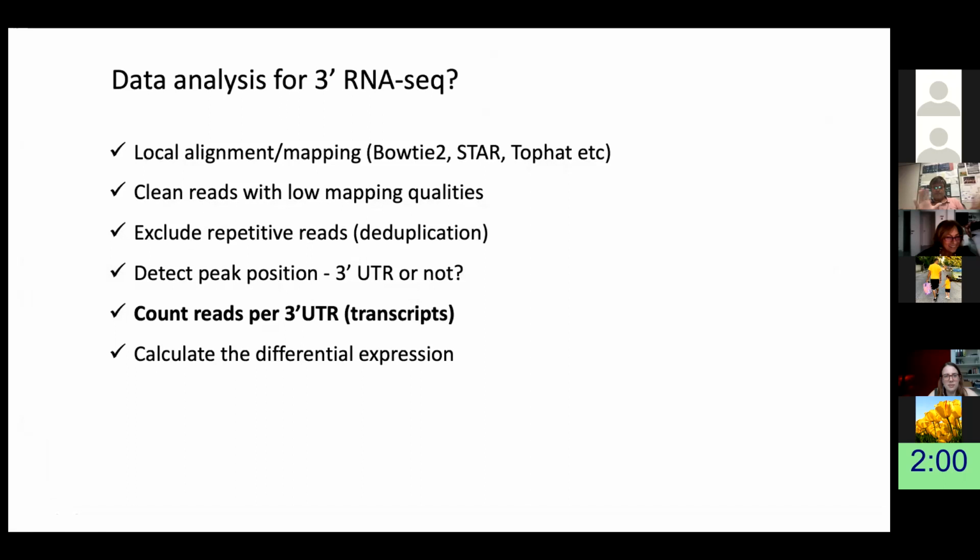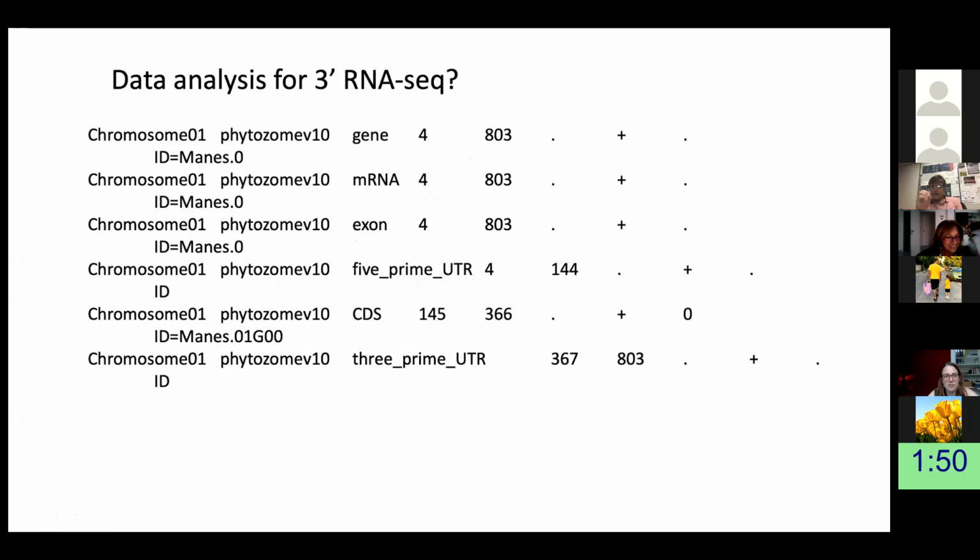So once we understood the problem, and we are still developing an algorithm to eliminate this false positive, I would go into the counting of these reads we were mapping on the genome.